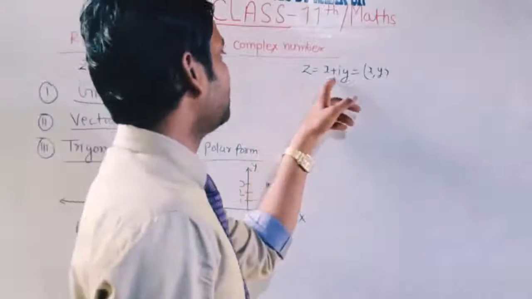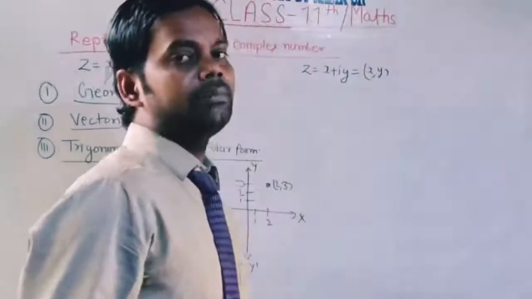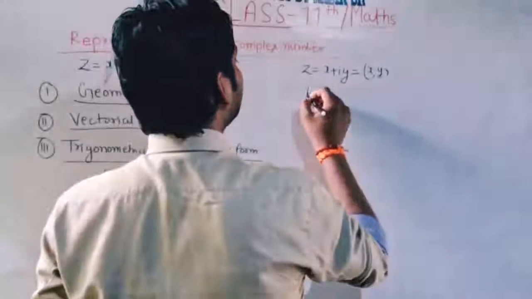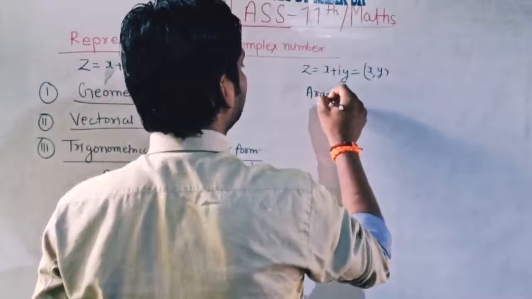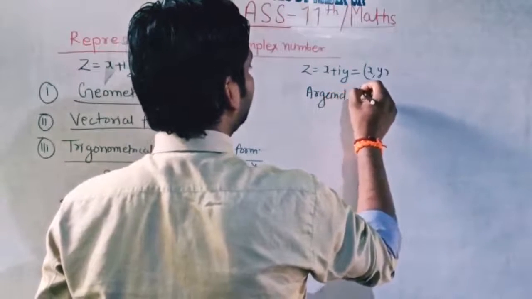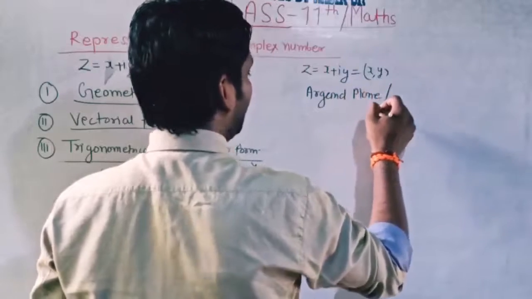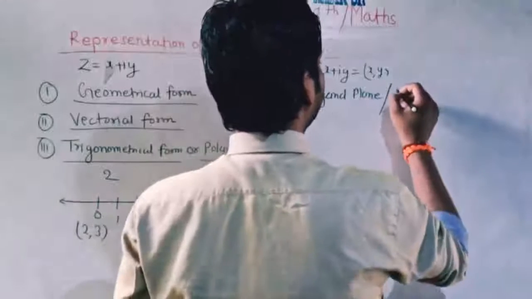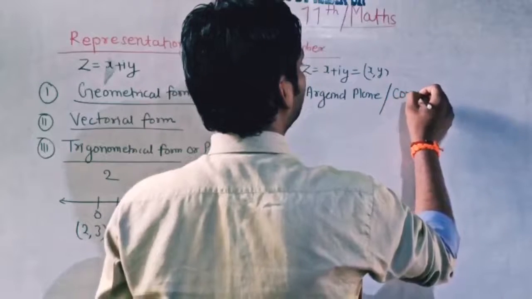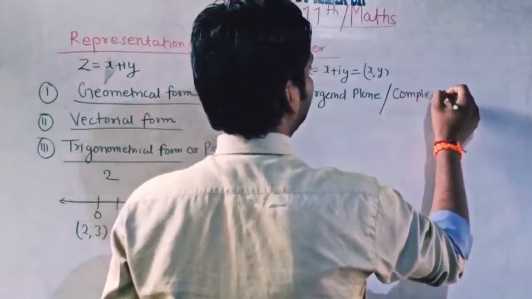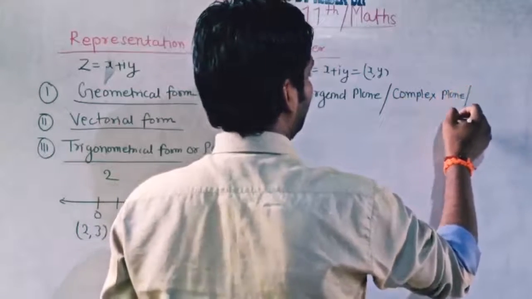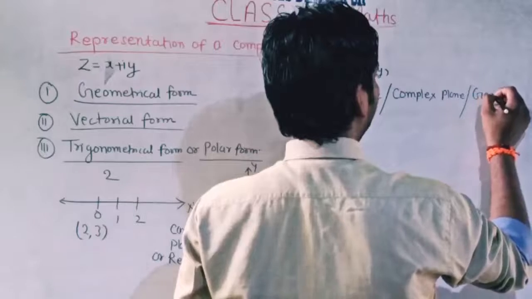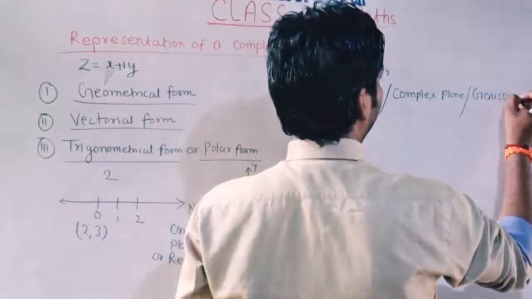Complex number z equal to x plus iy means x comma y is represented in the Argand plane. This is also called the complex plane or the Gaussian plane.